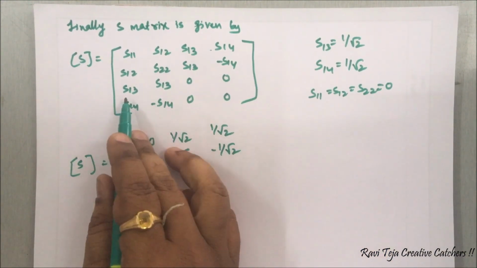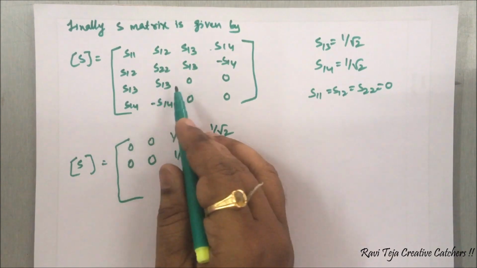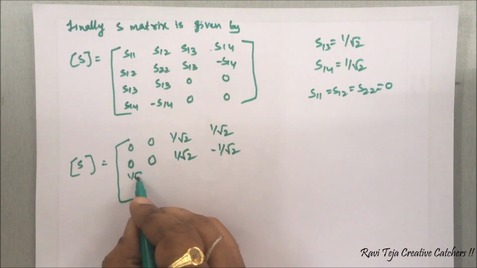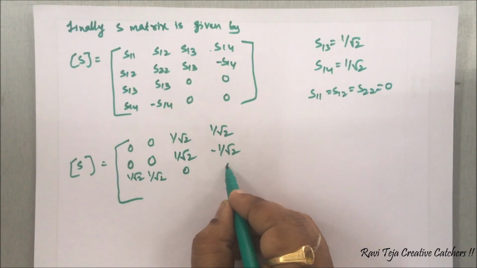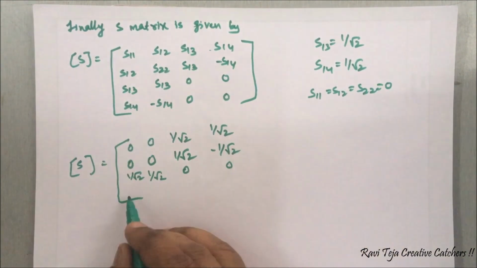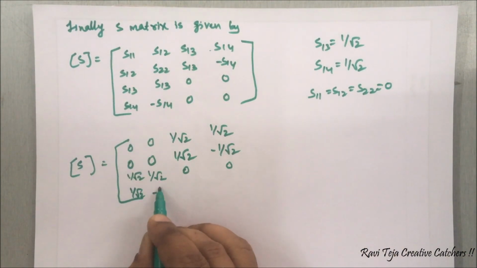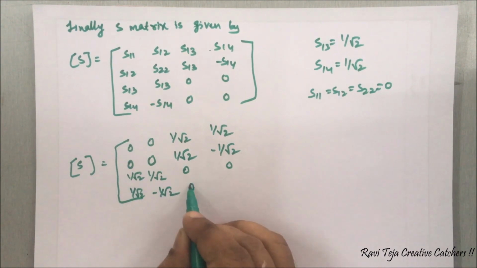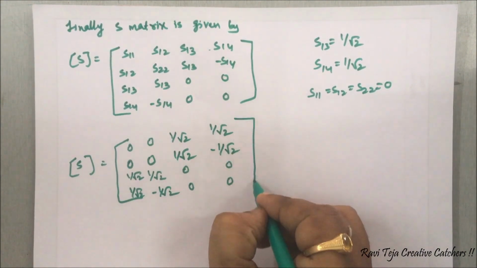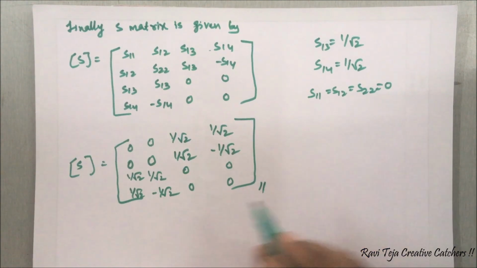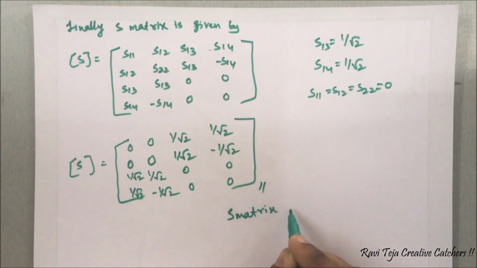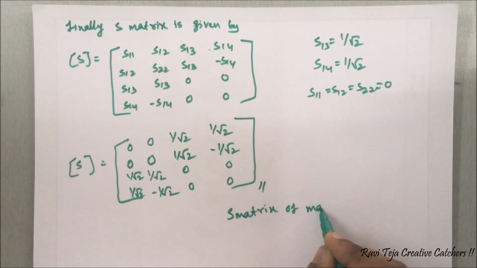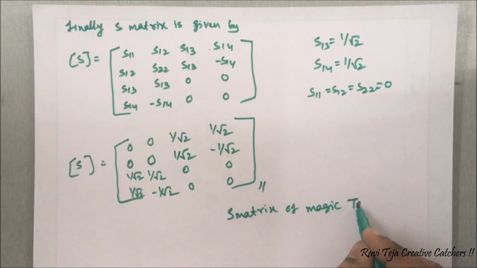Then S13 is 1 by root 2, 1 by root 2, and 0 and 0. S14 is 1 by root 2, minus of 1 by root 2, and 0 and 0. This is S matrix of magic T.